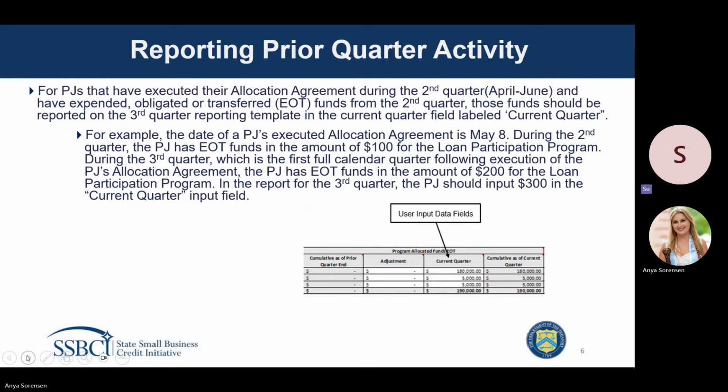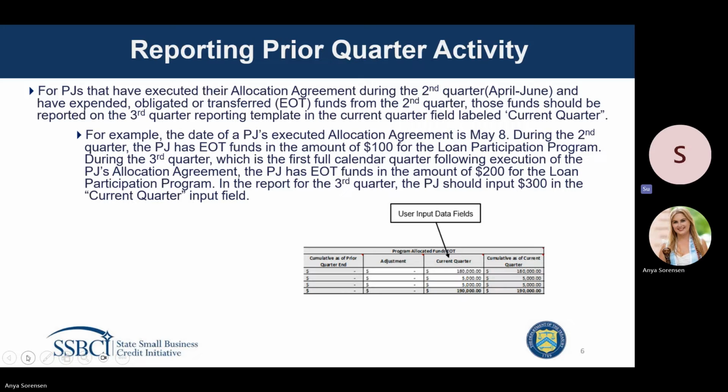There may be circumstances where a jurisdiction has EOT, that is, expended, obligated, or transferred funds from the quarter prior to the required reporting period. For example, if a jurisdiction executed the allocation agreement on May 8th and during the second quarter, the jurisdiction has expended funds in the amount of $100 for a loan participation program.